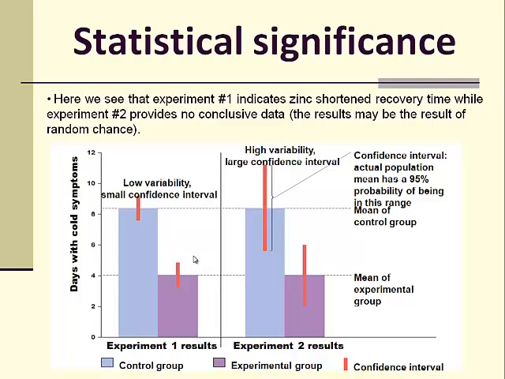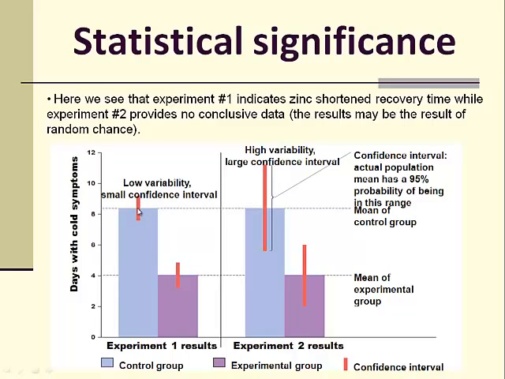But statistics tell us that the real number is between 7.5 and 9. So the calculated number is 8.5, but there is a 95% chance, because this is a 95% confidence interval, that the number is between 9 and 7.5. So we're at least 95% certain that the number is somewhere in this red area here.